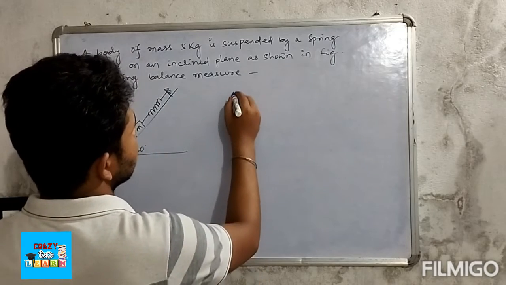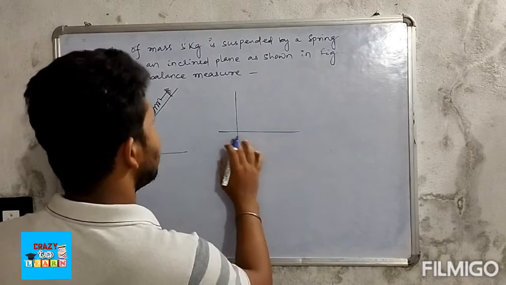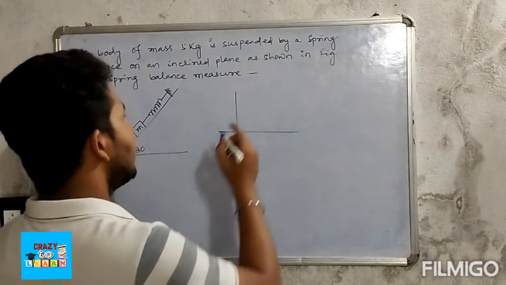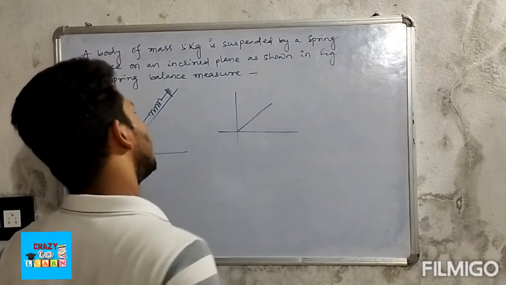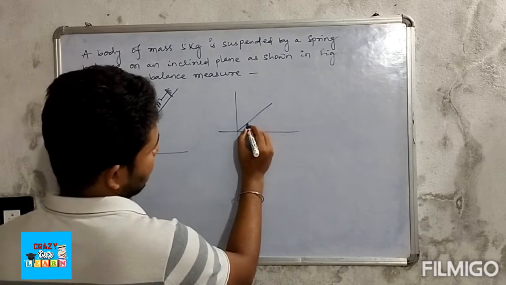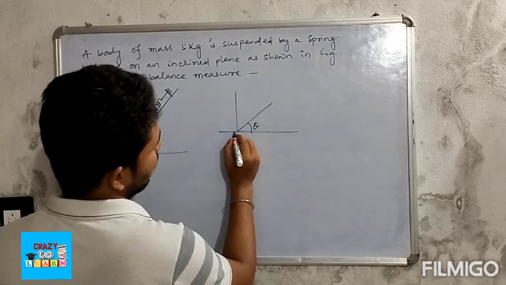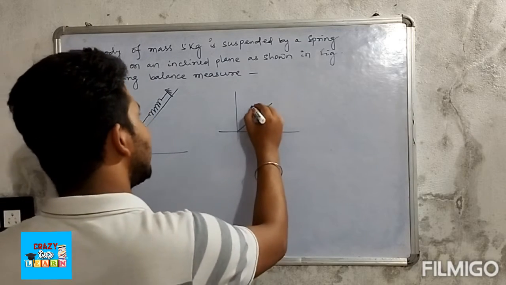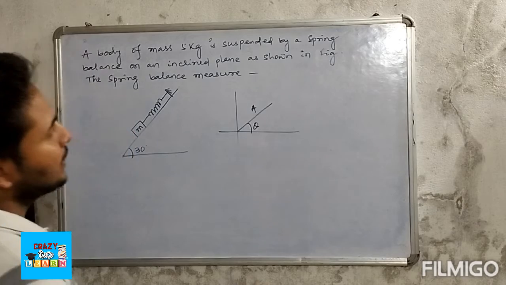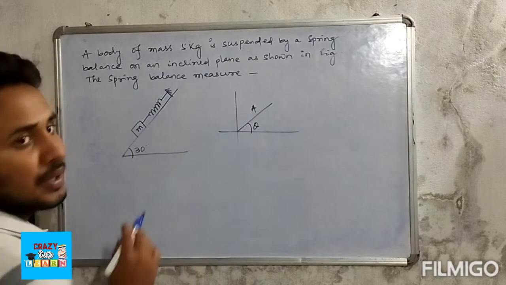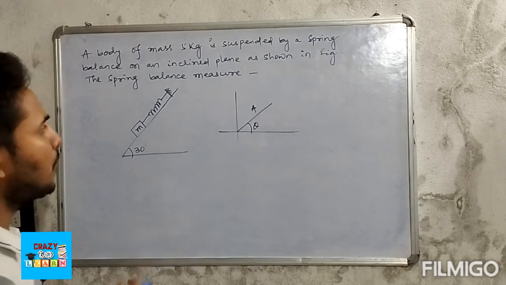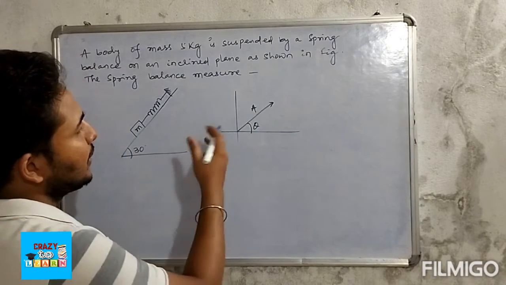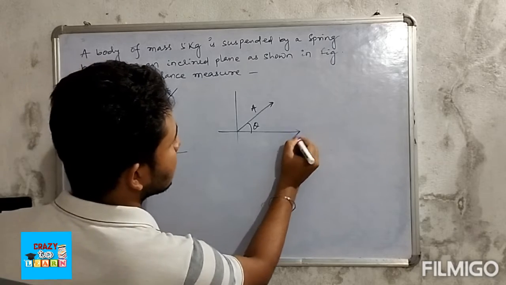Let us think that if it is the horizontal axis and it is the vertical axis, and when a vector A subtends an angle theta with your horizontal axis, then the vector A can be resolved into two components. It is called rectangular component, two components. The vector A can be resolved into two components.